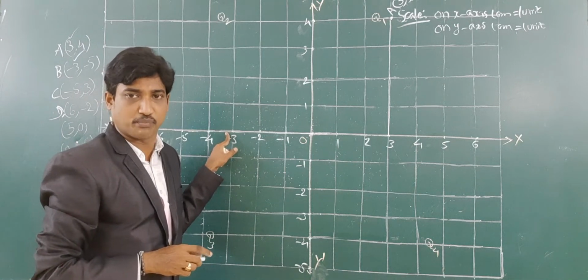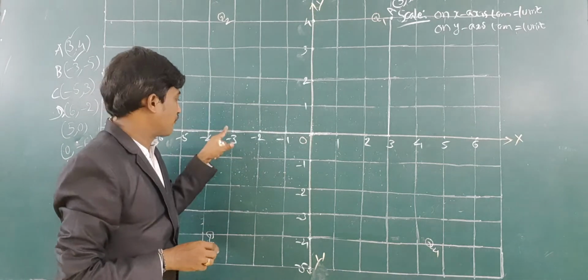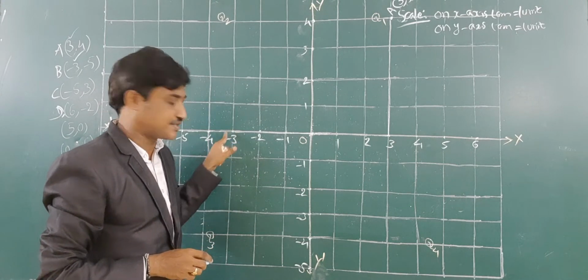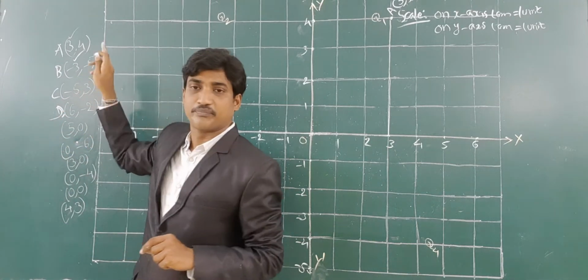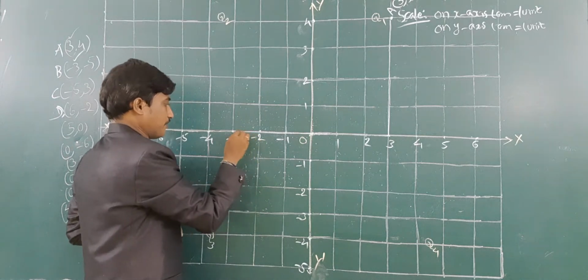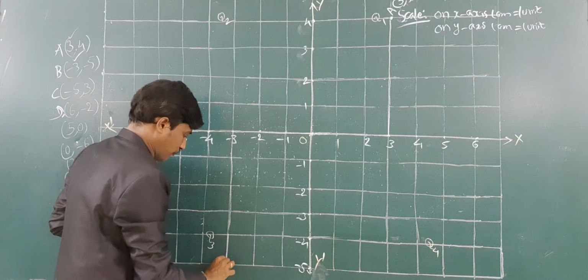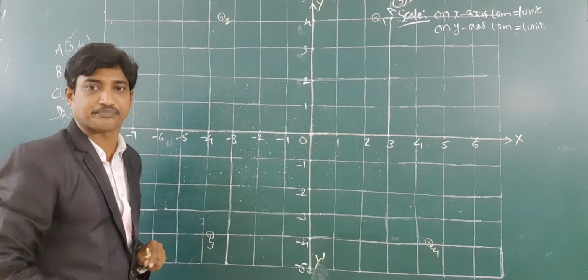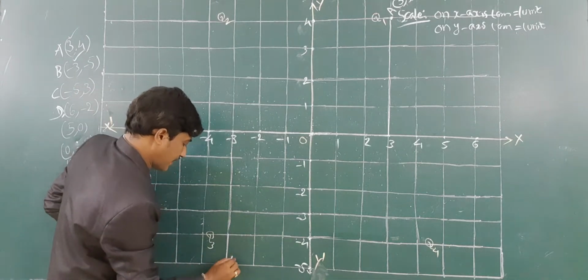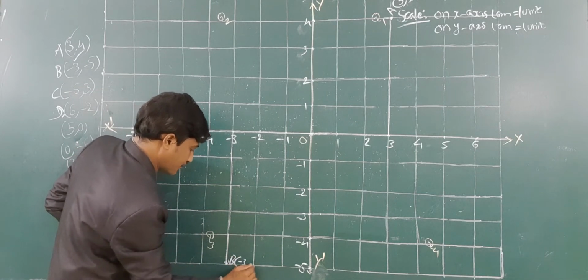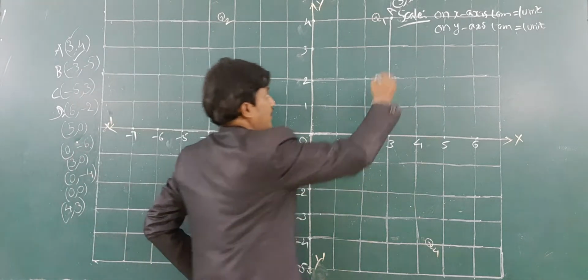If the y coordinate is positive, move upward. If the y coordinate is negative, take the distance downward. As the y coordinate is -5, move downward 1, 2, 3, 4, 5 units. Here is the point (-3, -5). You can name it as point B. Here is the point A.